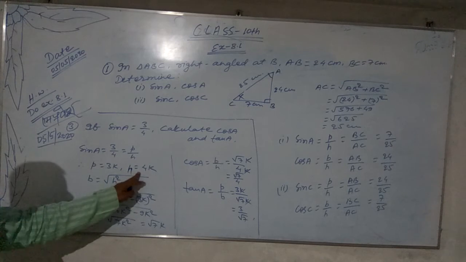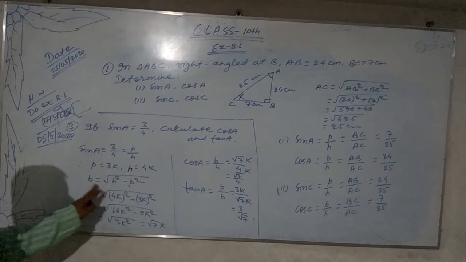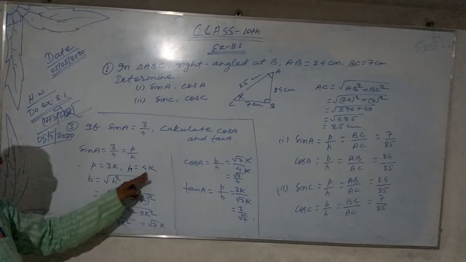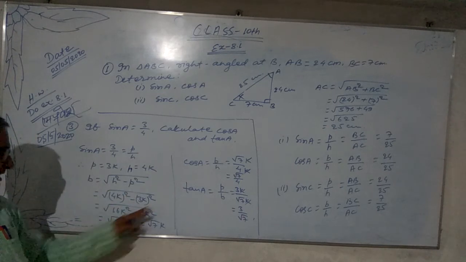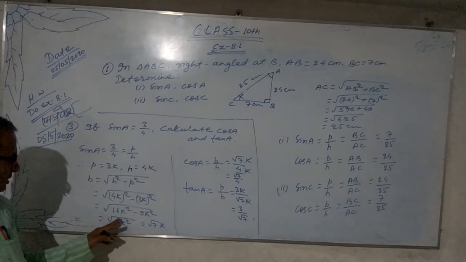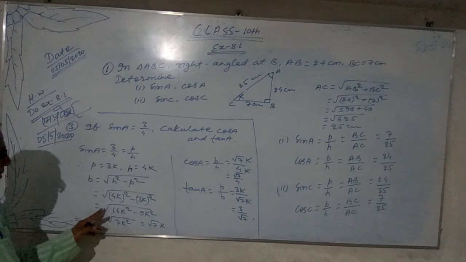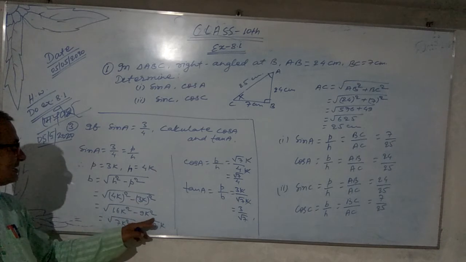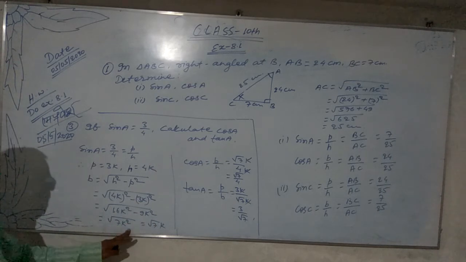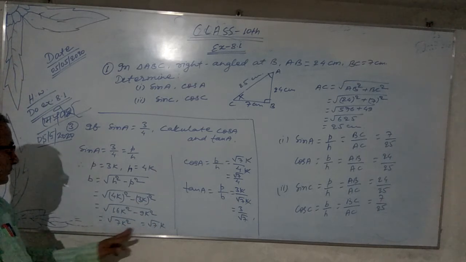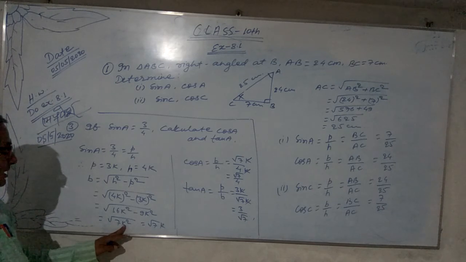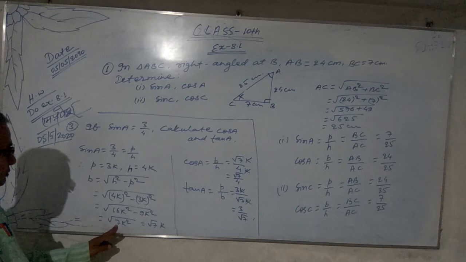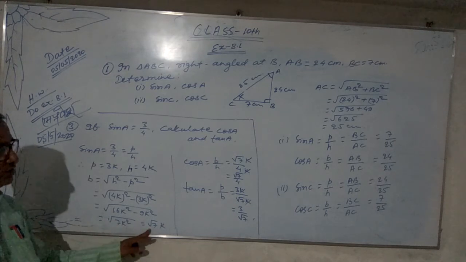P and H are given, then we have to find out B, root under H square minus P square, root under 4K square minus 3K square, that is root under 16K square minus 9K square, root under 7K square. The square root of K square is K, while the square root of 7 is root 7.